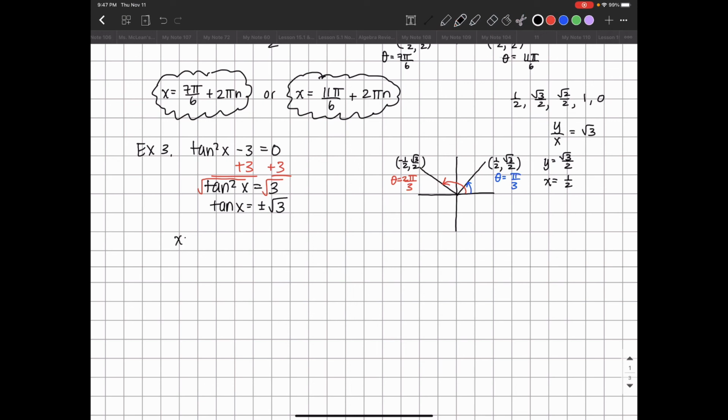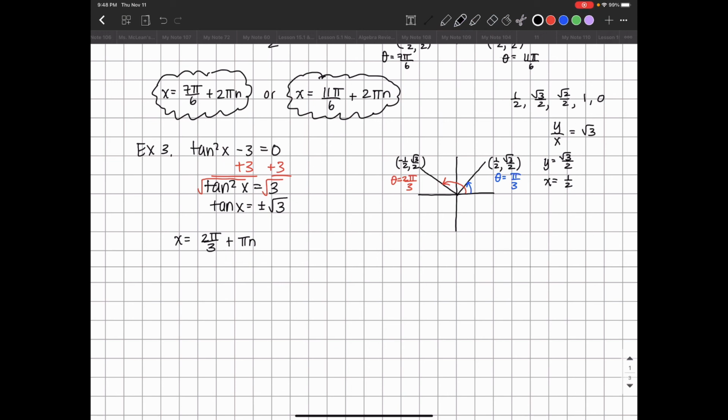I can write my answers as x is equal to 2 pi over 3 plus, now that I have both positive and negative square root of 3, I'm not going to add by 2 pi n. I'm going to add by pi n because I know that that will include everything.